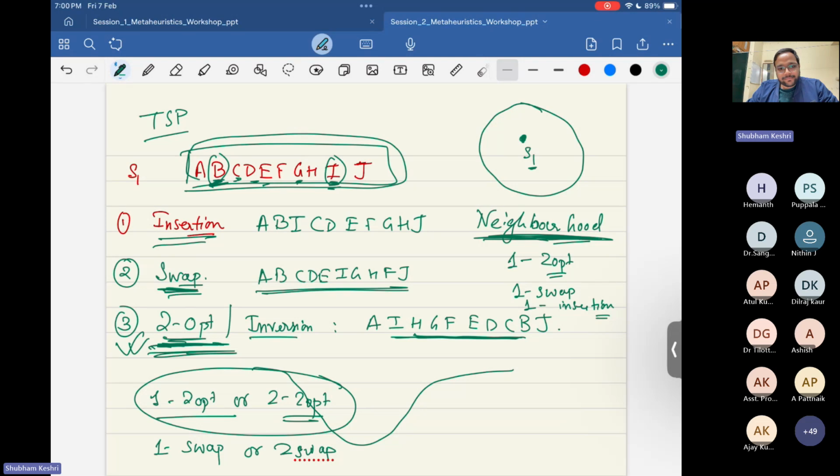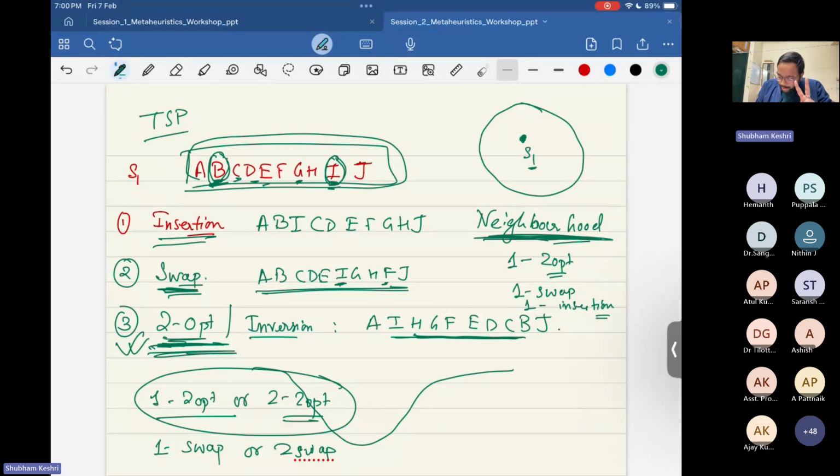Is it just that it appears that swap and 2-opt are the same? No, swap and 2-opt are not the same. You see, swap only changes the position of B and I. Over here, I have taken I and F, so I'm just changing I and F. H and G remain the same. So when I and F changed, G and H positions did not change.